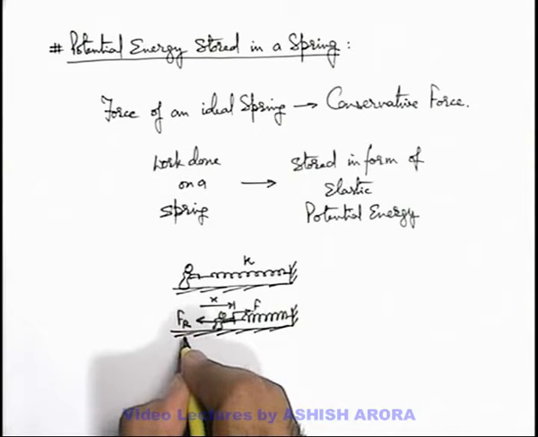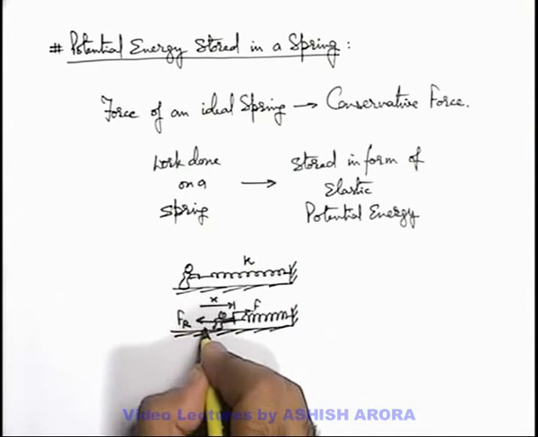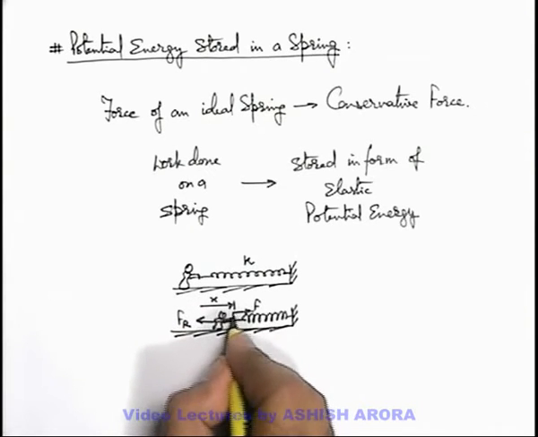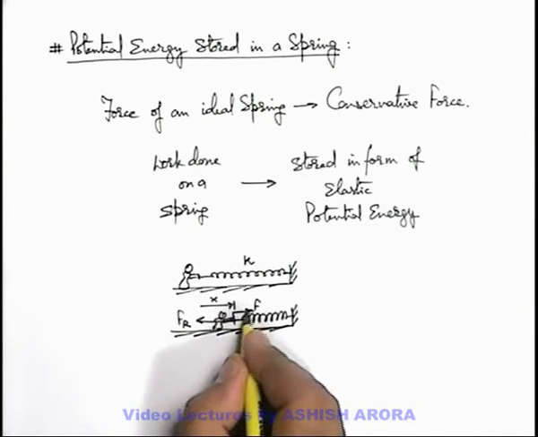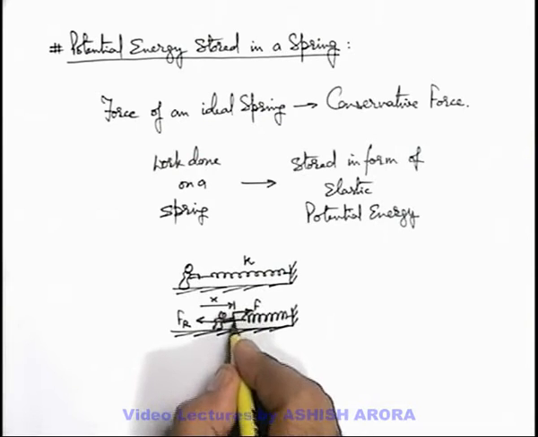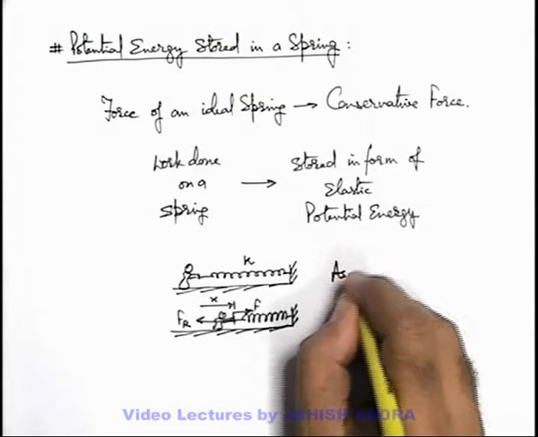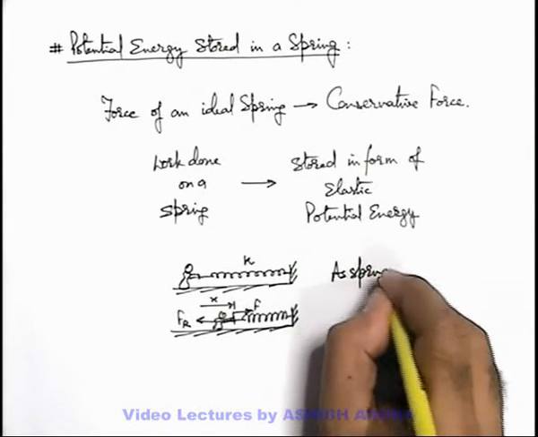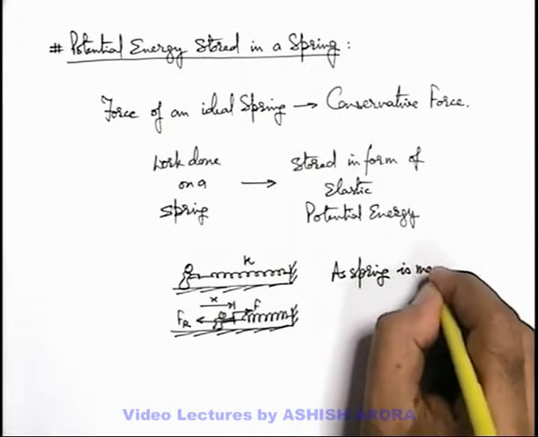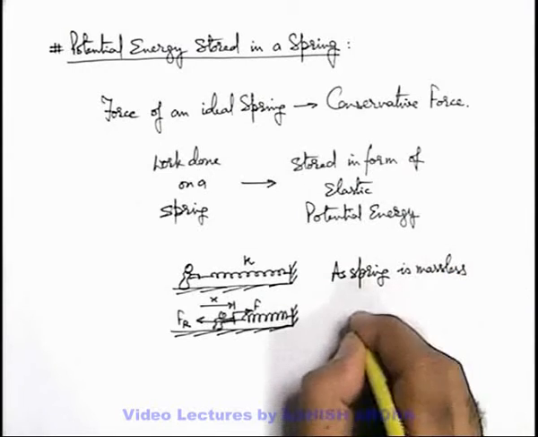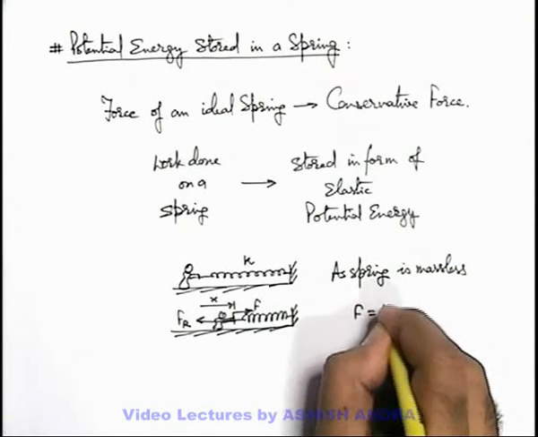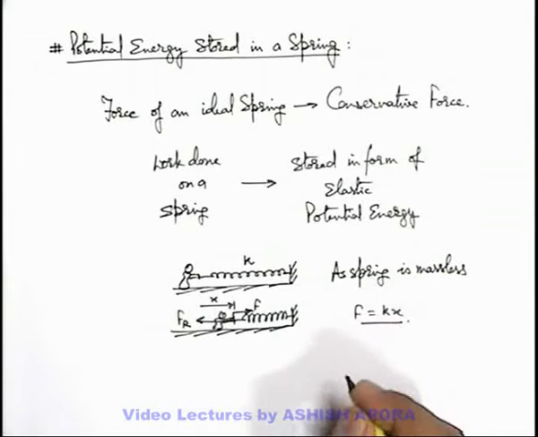In this situation, this restoring force will always be equal to the force applied by the boy, because the spring, which is ideal, is considered to be massless. So as the spring is massless, the force can be simply written as kx.